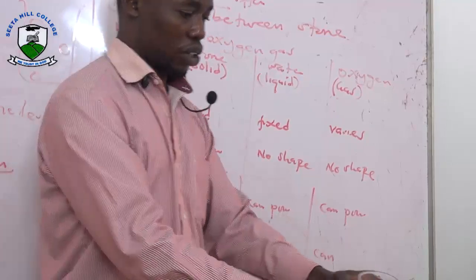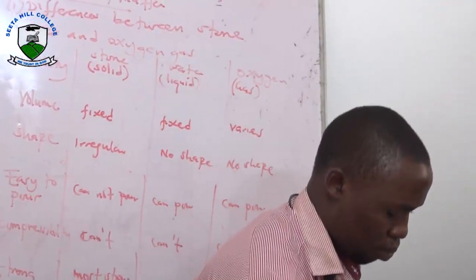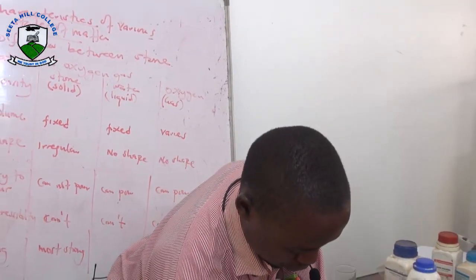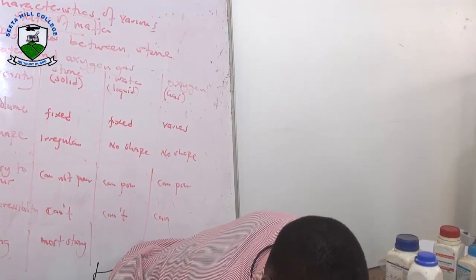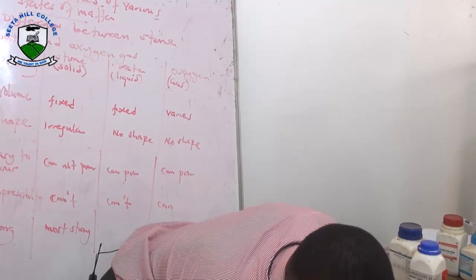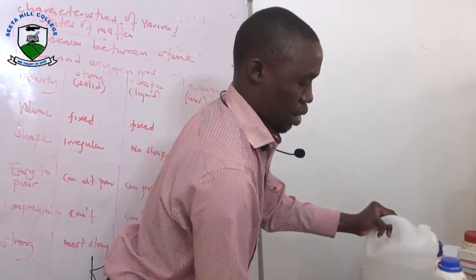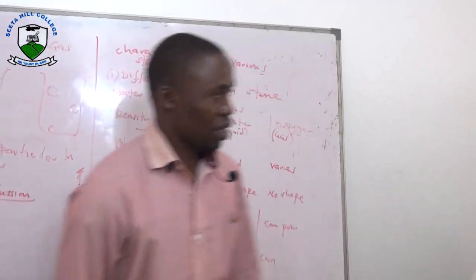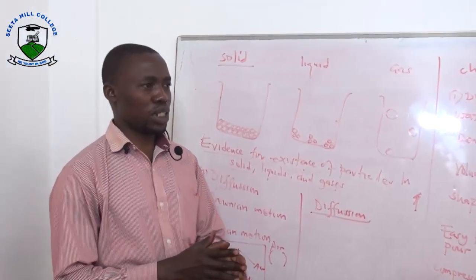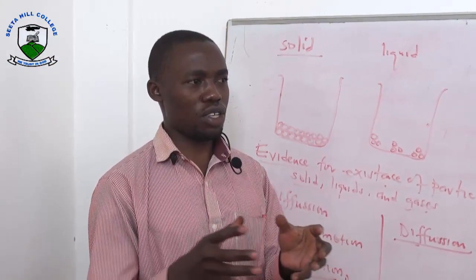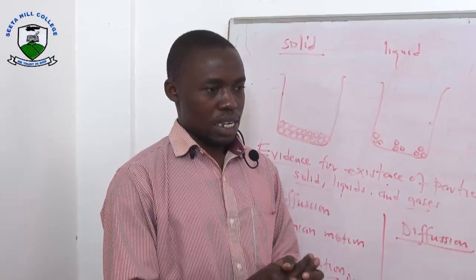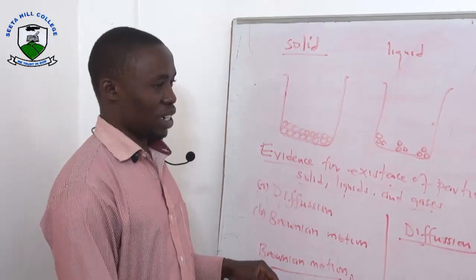But because of the effects of this, we shall not proceed further. Now, the formation of a new substance there from ammonia gas and hydrogen chloride gas due to diffusion has led to that. Now, that's diffusion in gases.